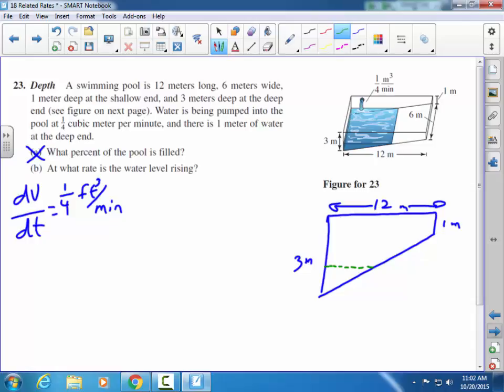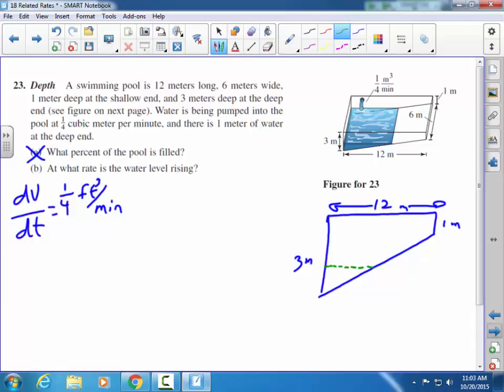Now, we need to know, it says, what rate is the water level rising? So what are we trying to find? If I said, when's the water level rising, what would you expect to see happening here? The green line's going to be going up.